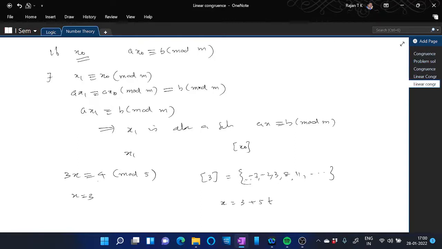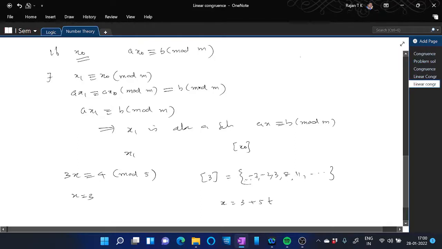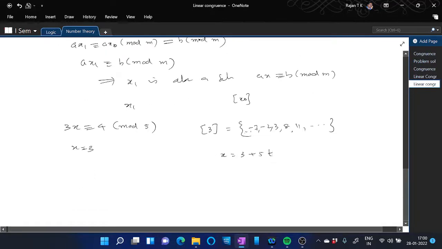Thus, if a linear congruence Ax congruent to B mod M is solvable, or if it has a solution, then it has infinitely many solutions.